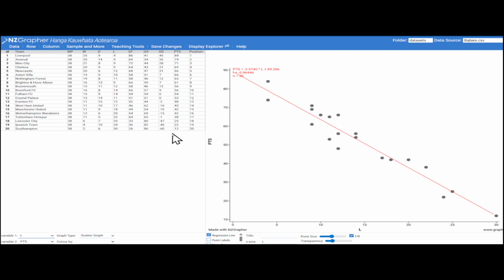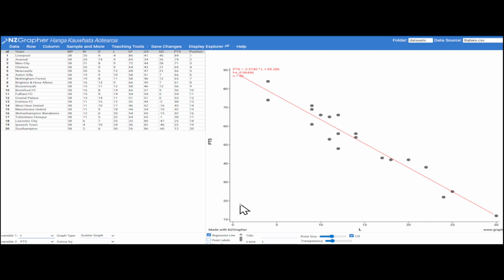So I've got this column here on the y-axis and this column here now on the x-axis. And now something is different. Now it's a negative correlation.